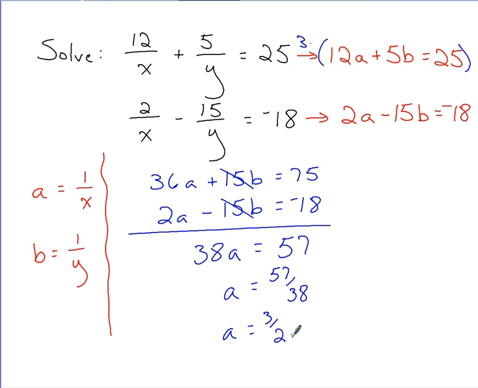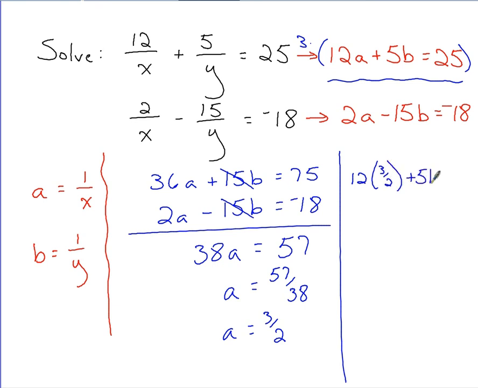We could go ahead and figure out what b is using one of our new equations we created over here. Maybe we plug back into the first one, it doesn't matter. If I plug back into the first one, I know a is 3 halves, so it'd be 12 times 3 halves plus 5b equals 25.